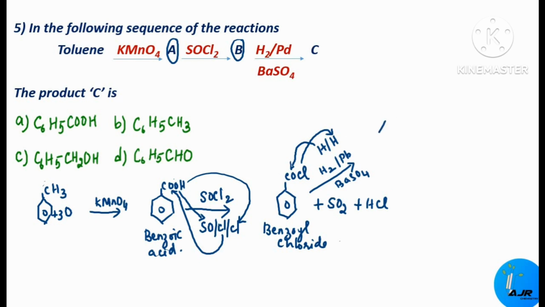So we are getting the product CHO plus HCl. This hydrogen is getting attached to this O, so CHO, and this Cl is getting attached to this one, so HCl. So we are getting benzaldehyde. So C is nothing but benzaldehyde. So here the option D is correct. Benzaldehyde, C6H5CHO, is the correct answer.